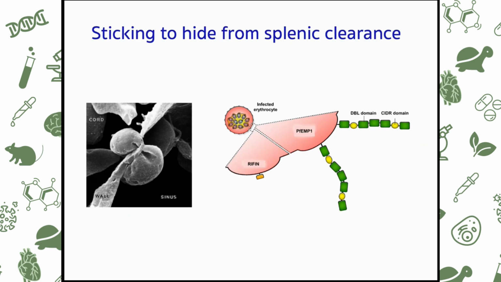What you see in this left-hand image is a single red blood cell squeezing through a tiny slit in the spleen, a slit about a fifth of its own diameter. So it has to really squeeze its way through this tiny slit as it passes around your body.